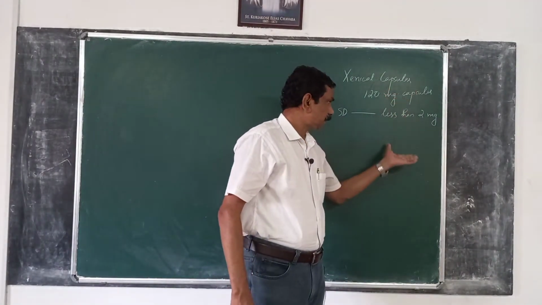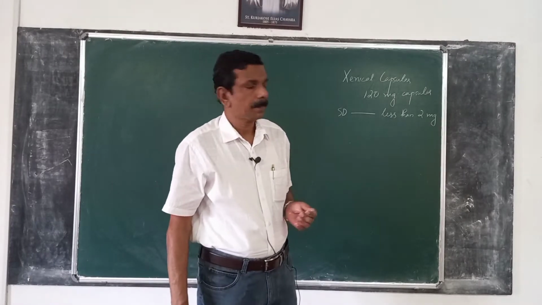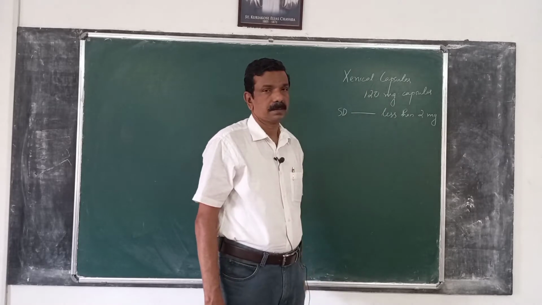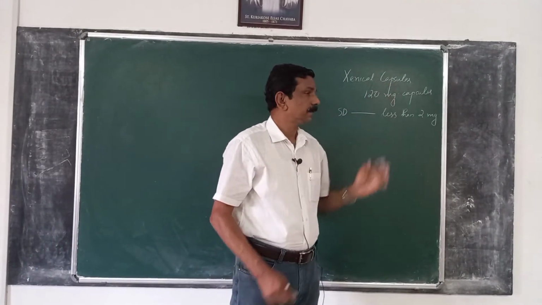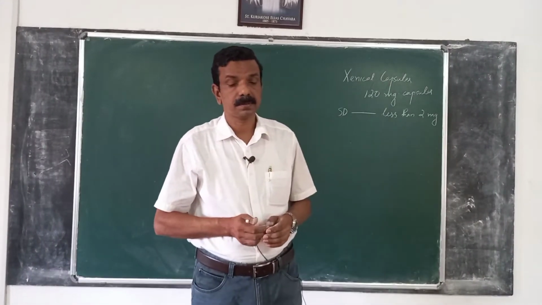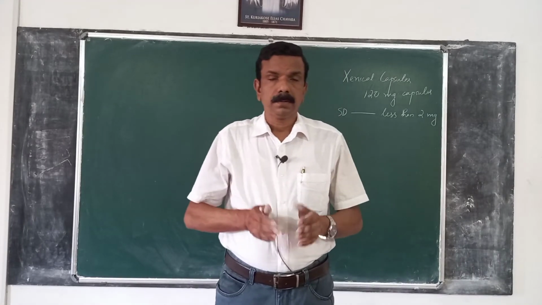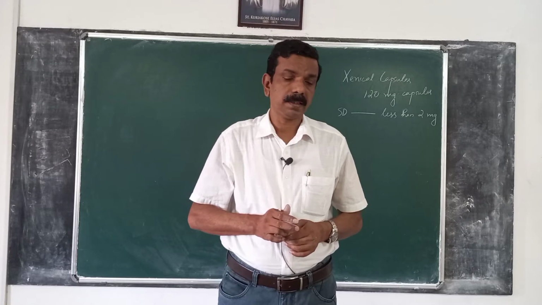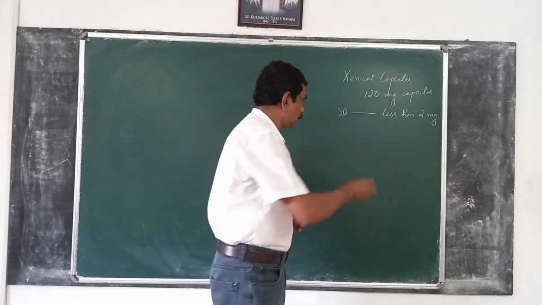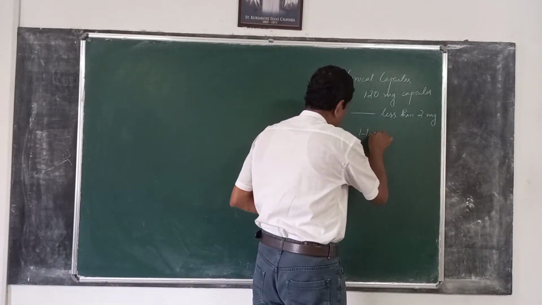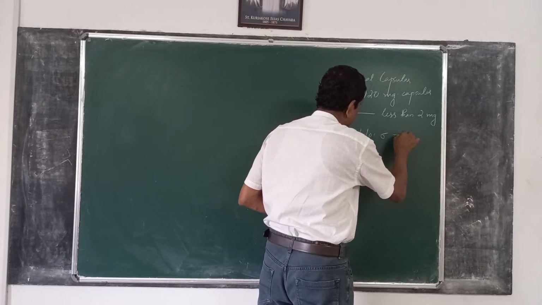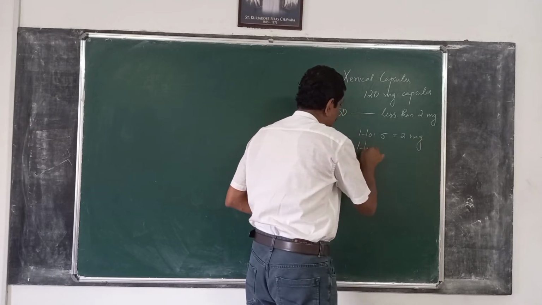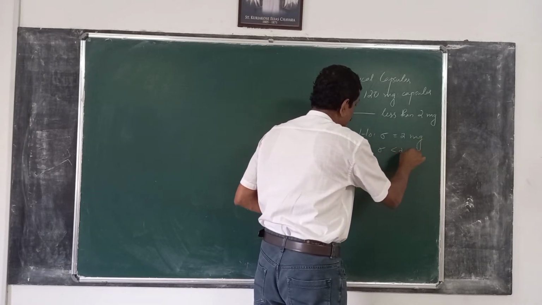So we have to test statistically whether this condition is satisfied in the case of Scenical capsules. To formulate this problem statistically, our null hypothesis is H0, sigma is equal to 2 mg, and H1, sigma is less than 2 mg.